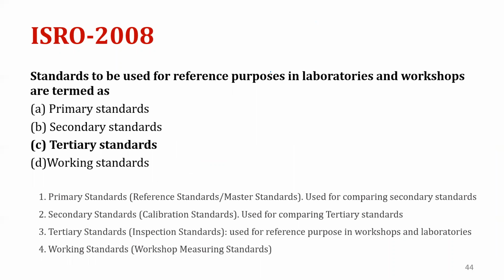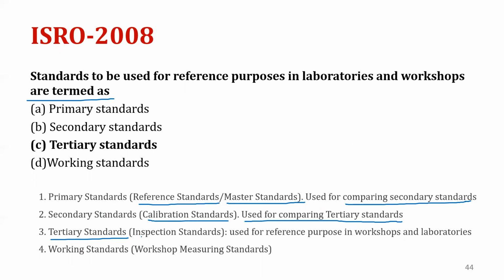Standards to be used for reference purposes in laboratories and workshops are termed as. So in order to solve this, we need to understand what are primary standards, secondary standards, tertiary standards, and working standards. Primary standards are the reference standards or master standards used for comparing the secondary standards. Secondary standards are also called calibration standards, used for comparing tertiary standards.